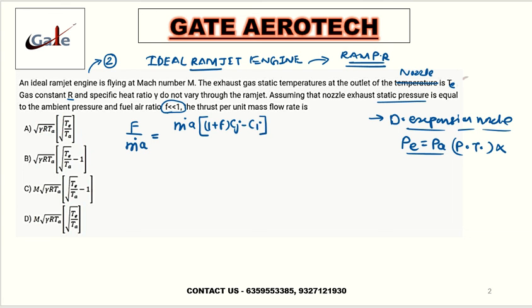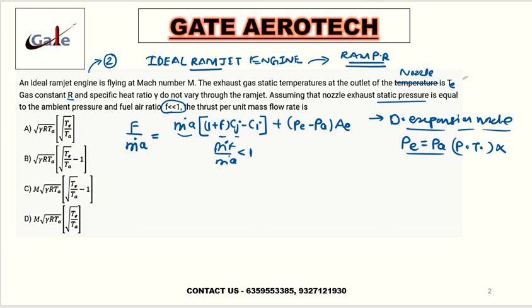m dot A times (Cj minus Ci, plus fuel-air ratio terms) plus (Pe minus Pa) into Ae, where m dot A is the mass flow rate of air, and F is nothing but the fuel to air ratio, that means m dot F to m dot A, which is a less than 1 quantity.